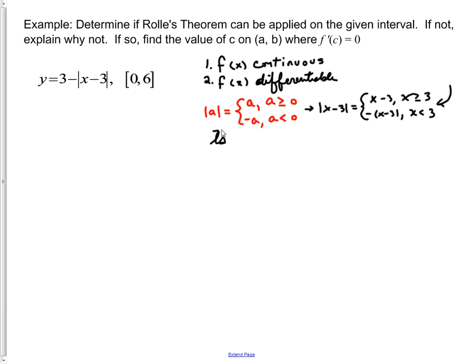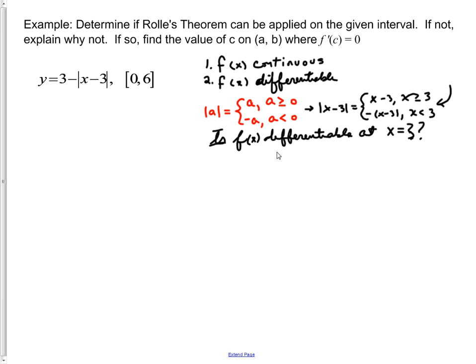So we want to ask, is f of x differentiable at x equals 3?